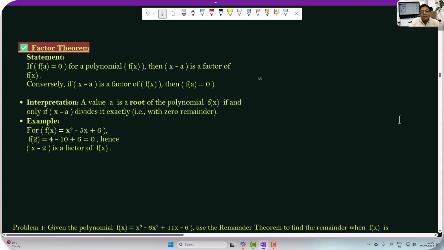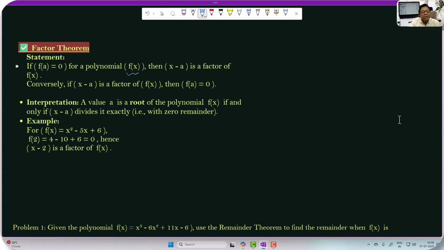Now what is the factor theorem? Very simple. If f(a) is not there, I mean remainder not there, then x minus 2 is going to be the factor. Agree or not? Now what is the factor theorem?